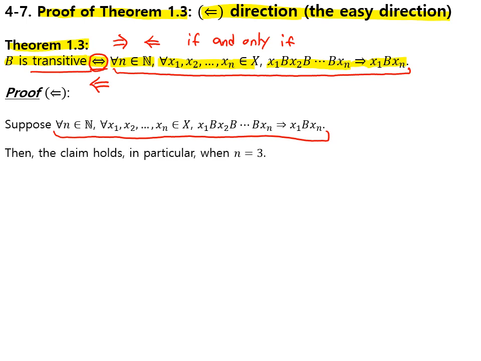So since the antecedent holds, and the antecedent states that this here is true for all natural number n, the claim holds in particular when n is 3, right?